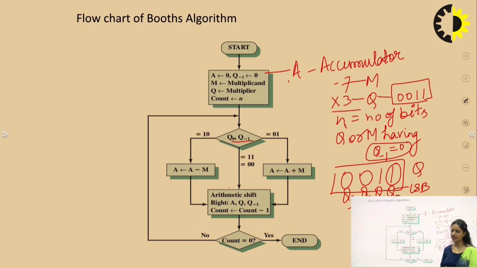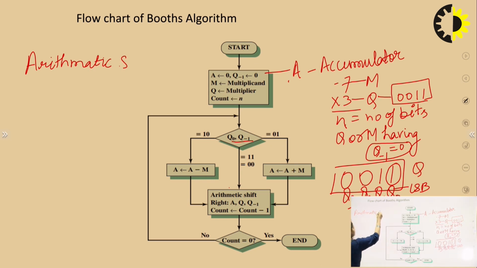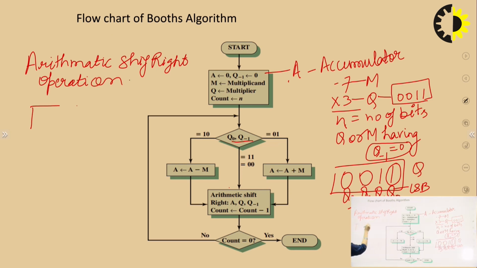Now what is the arithmetic right shift operation? In this operation, what we will do, for example, suppose we are having these 4 bits, that is 0, 0, 1, 1 in a register.